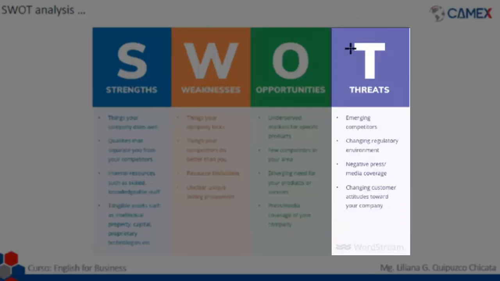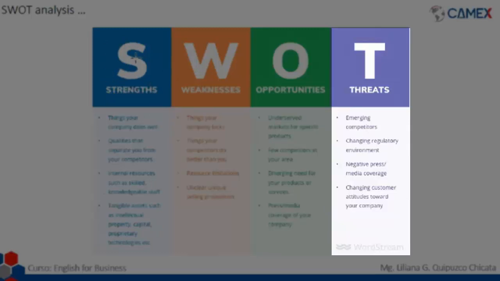And in this case, in threats, it would be to change that, to find a solution for that. In the case of opportunities, it would be to take advantage of the opportunities. In the case of weaknesses, it would be to change the weaknesses. And in the case of strengths, it would be to potentiate the strengths.